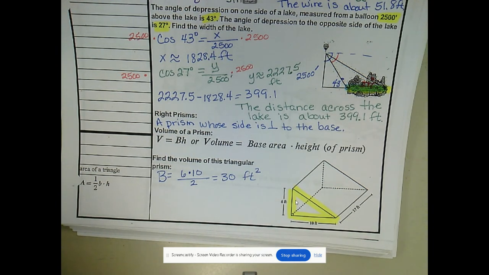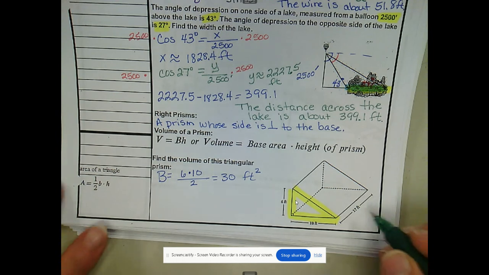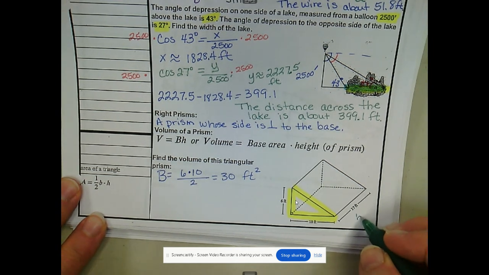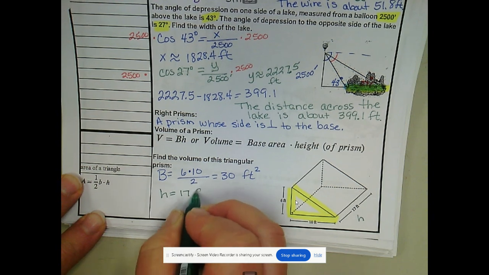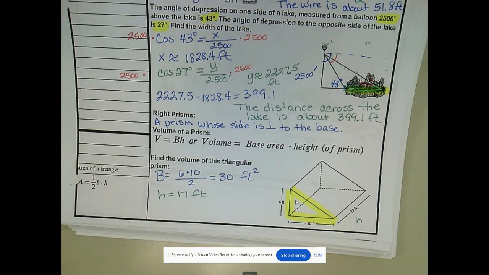Okay, your height is the distance from one edge to the other. You've got your base area, you have your height.